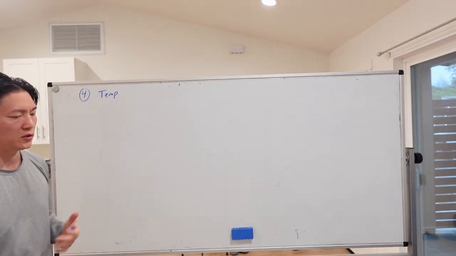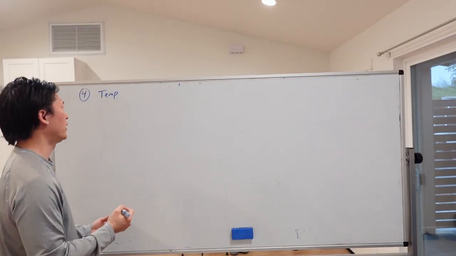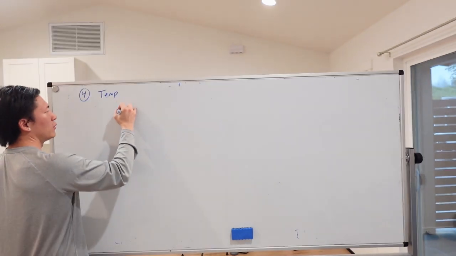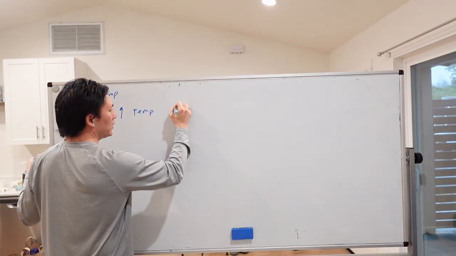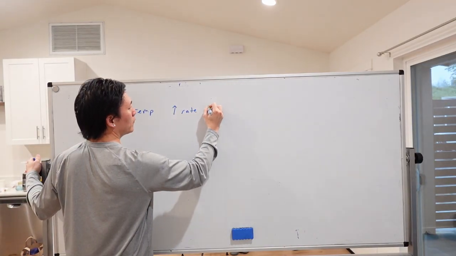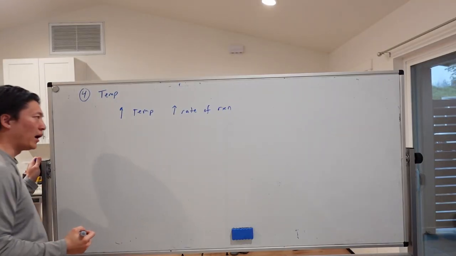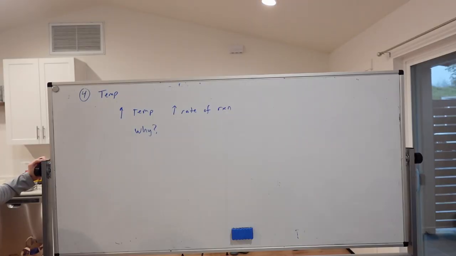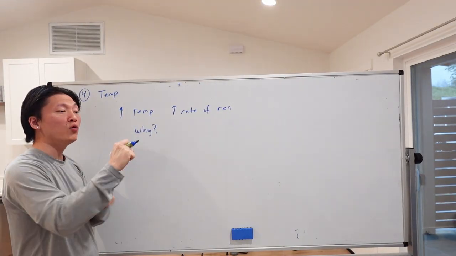This is true because if you want to cook your food faster, you heat it up even more, right? And actually that's true. So increasing the temperature increases the rate of reaction. And then we need to know why, just like we did earlier for the first 3. First off, when you heat up reactant particles, they move faster.